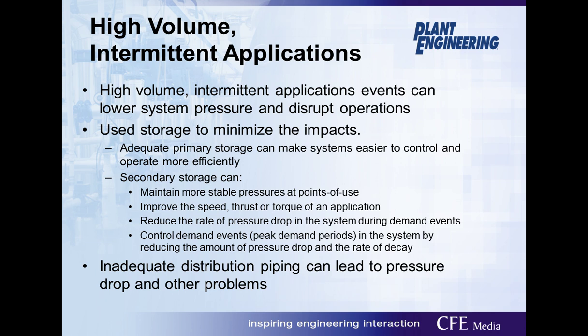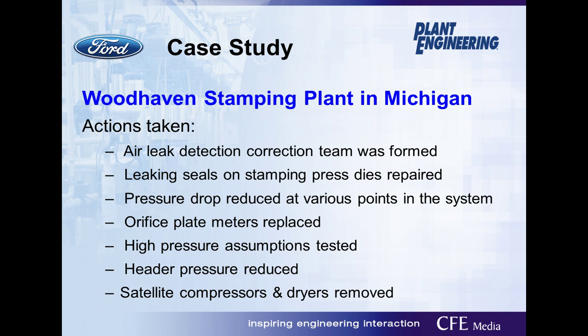Because it's a short duration, the idea is you take the time that it is not actually running to fill up the storage tank. Then when the demand hits, you've got localized air that can serve that demand. And of course, inadequate piping can also lead to pressure drops and other problems in the system itself, so you really need to be aware of that as well.